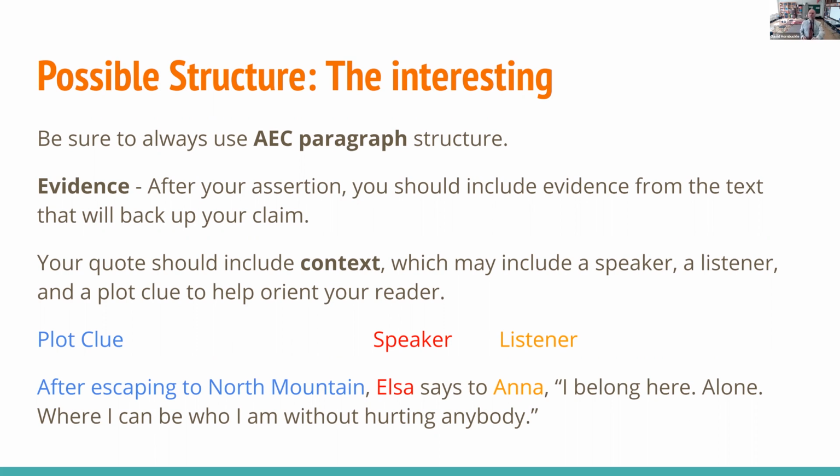Elsa is the speaker. So we know, okay, who says this quote? Is it a main character? Is it the narrator? Some other character? She says it to Anna, so that way we know who she's saying it to. She's not saying it to herself. She's not saying it directly to the reader. So all of that provides some context to help us understand the quote that you're using for your evidence.